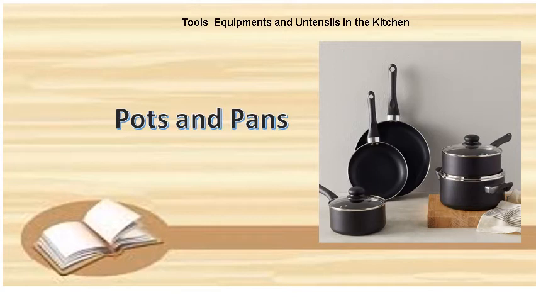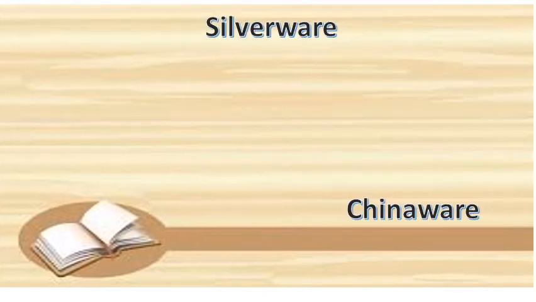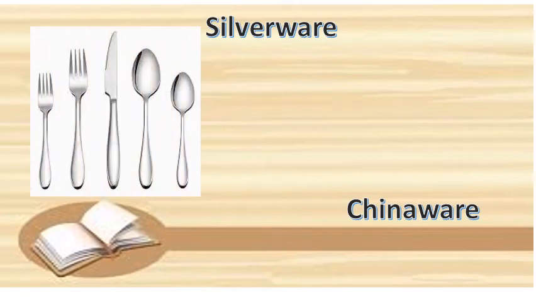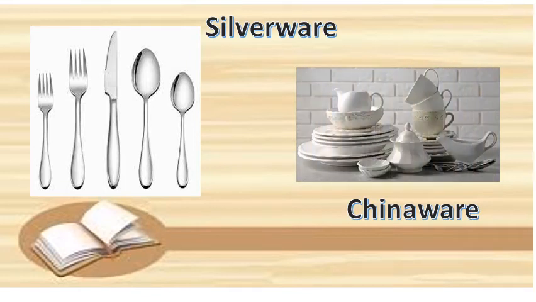You should be familiar with the pots and pans. It is the tool utensil that we use to cook our dishes. And we have the silverware, mostly spoon and fork. Then we have the chinaware, our plates, mugs, and cups.